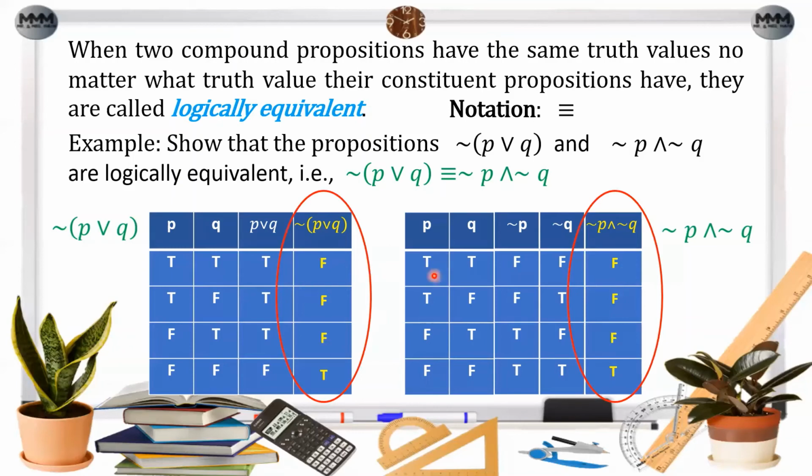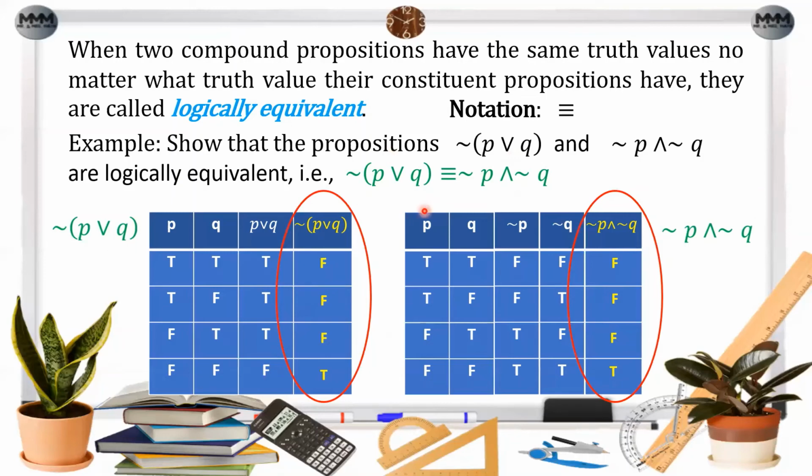In this case, as you can see, they have the same truth values: F, F, T, T. So we can say that these two propositions are logically equivalent. And we can write our final answer or conclusion as this one.